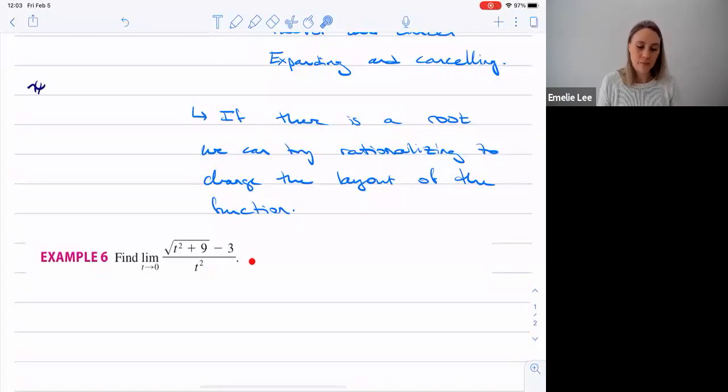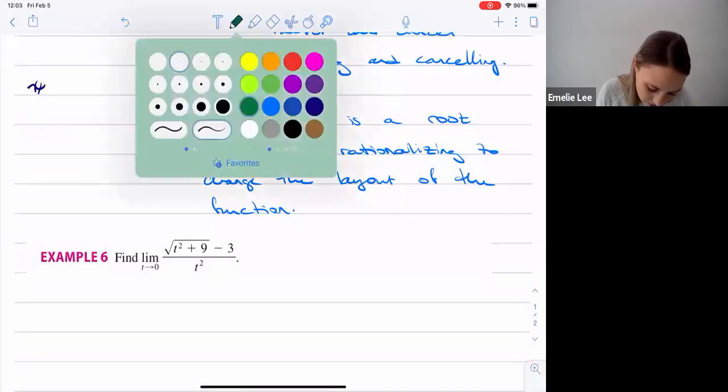Now, I'll remind you, because it probably didn't stick, I don't blame you. But to rationalize a function, what we do is we multiply by the conjugate. So the conjugate radical, but I'll just call it the conjugate.